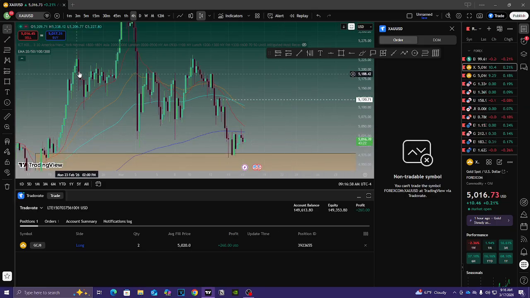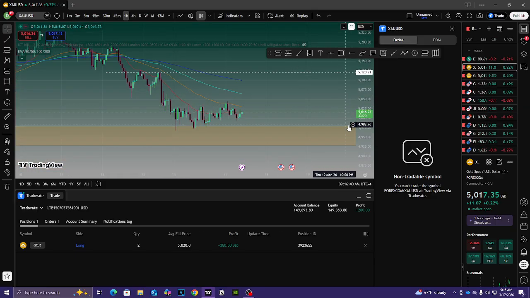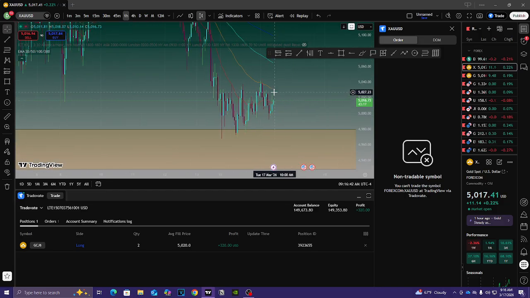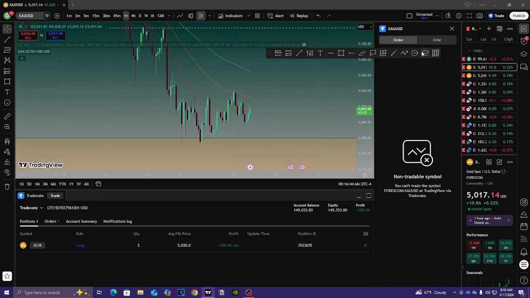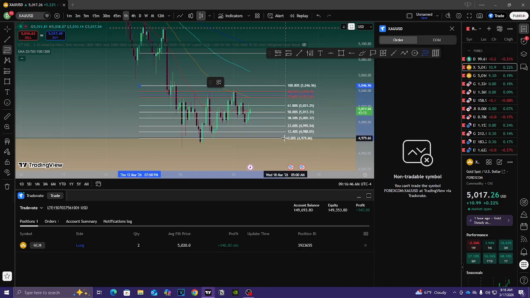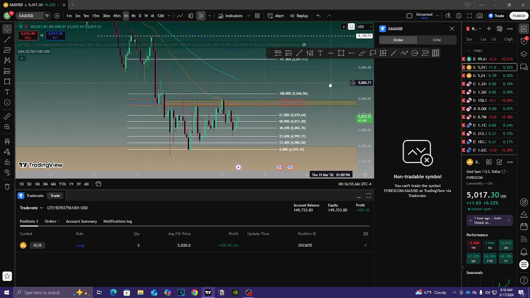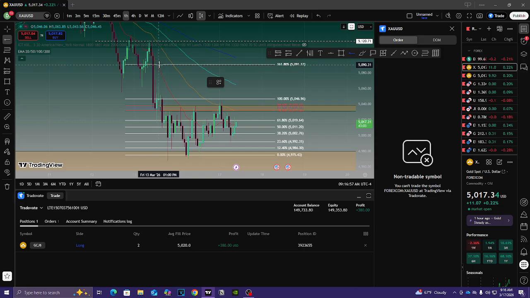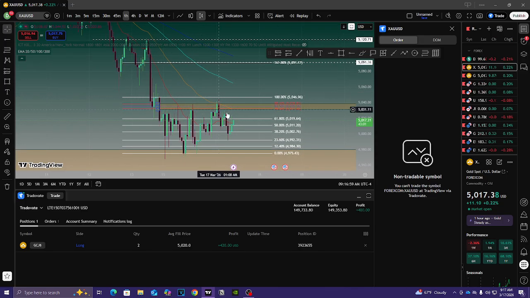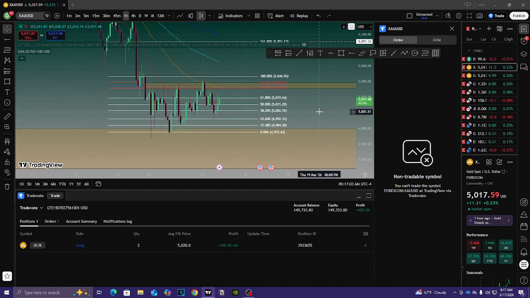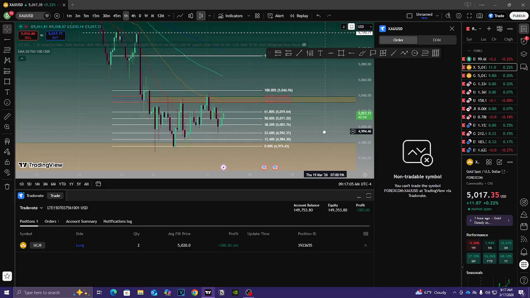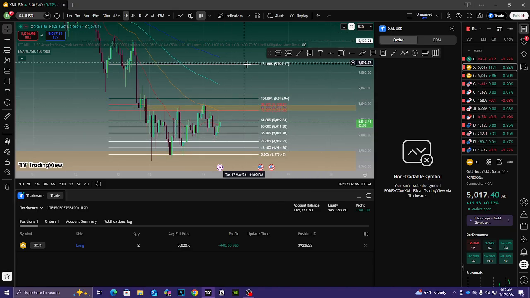Then we go on the hourly, then we mark up our hourly zones. So this means that if it breaks through, we can possibly see a jump from up here if it breaks this zone, right? If it breaks this zone, we can see a jump from up here.